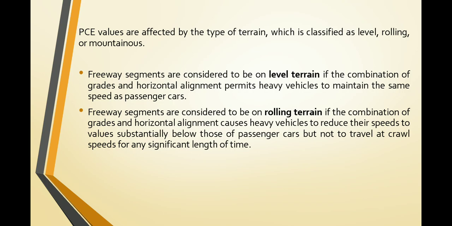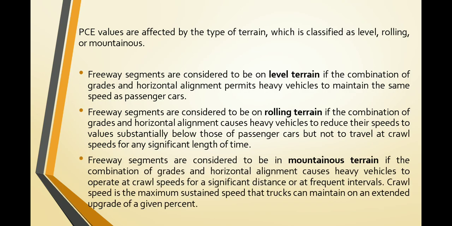Freeway segments are considered to be on rolling terrain if the combination of grades and horizontal alignment causes heavy vehicles to reduce their speed to values substantially below those of passenger cars but not to travel at crawl speeds for any significant length of time.